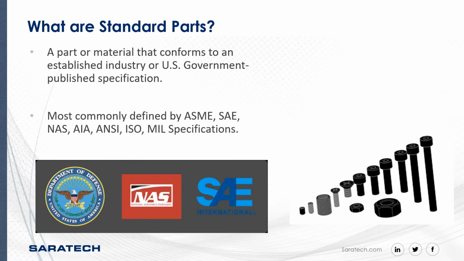When we think of standard parts, we most commonly think of parts such as washers, screws, bolts and nuts, and other types of threaded and non-threaded fasteners. Many of these standard parts are most commonly defined by specs that you've probably used before, such as ASME, SAE, NAS, AIA, ANSI, and MIL specifications.